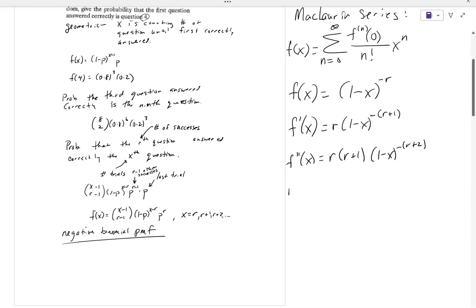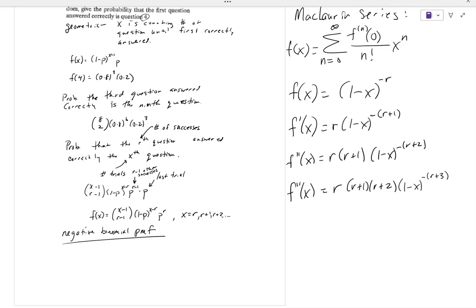I'll do one more, and then I think we'll probably recognize the pattern. Third derivative. Again, bring your power down in front. I probably should really put it all the way in front because I'm kind of writing it weirdly. Bring your power down in front. It'll have a negative, but again, with the chain rule, the negative will cancel. 1 minus x to the negative r plus 3.